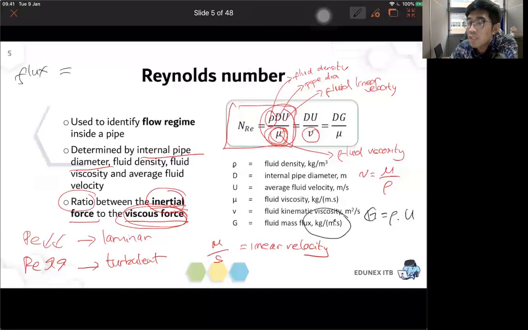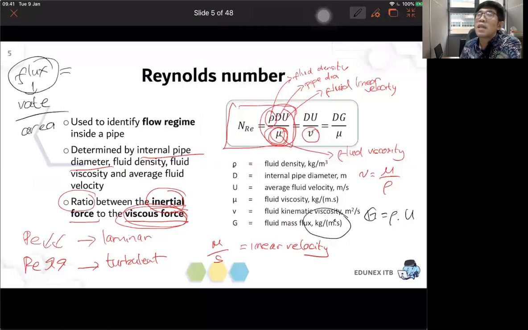So flux means rate, but divided by area. This is another term to quantify rate, but already divided by area. It is already normalized with area. So it will be rate unit divided by area unit. It's called flux. Jadi dalam bahasa Indonesia ya, laju yang menembus luasan tertentu.